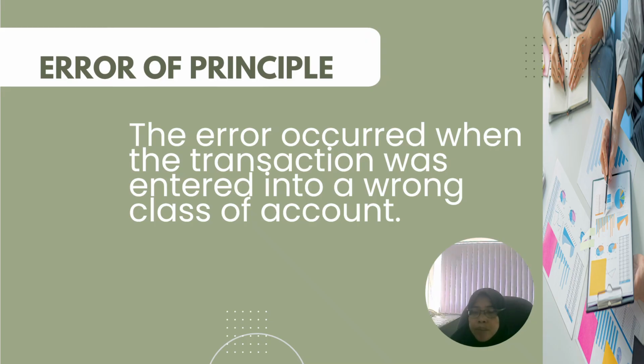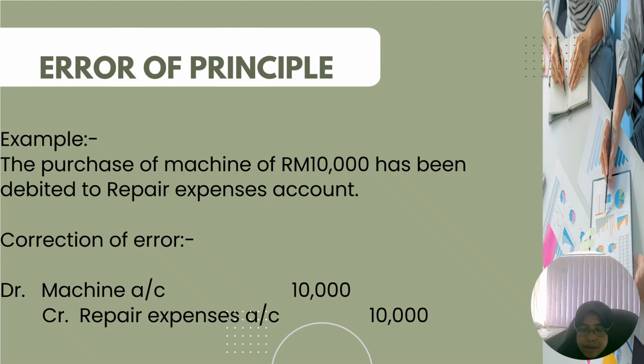Error of principle. Error of principle occurs when the transaction is entered into a wrong class of accounts. Look at the transaction. The purchase of machines of RM 10,000 has been debited to the repair expenses account.